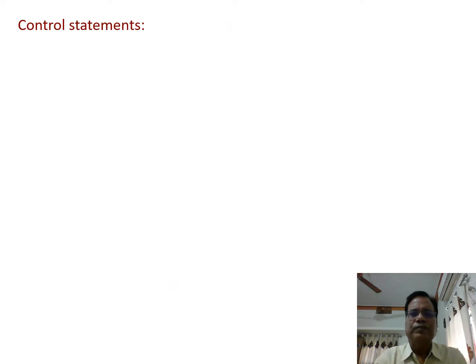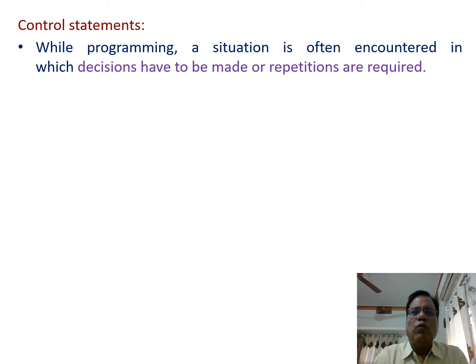Hello friends, in this lecture we will discuss the control statements used in C programming. While programming, a situation is often encountered in which decisions have to be made or repetitions are required.